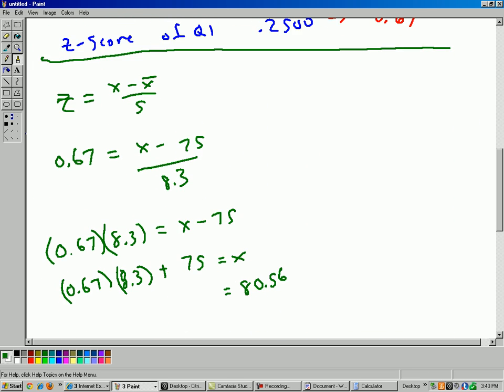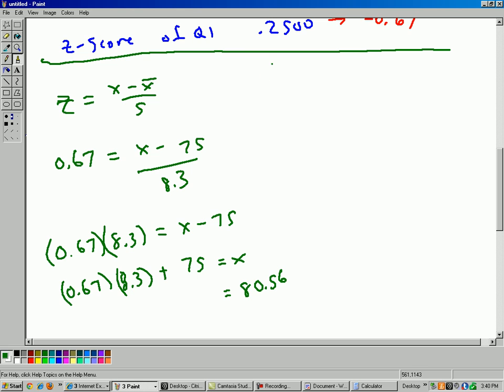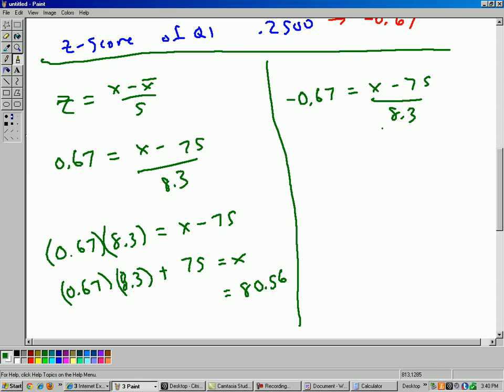Okay, then just repeat that same calculation for negative 0.67. So negative 0.67 equals x minus 75 over 8.3. So times 8.3, so negative 0.67 times 8.3 plus 75. That's going to equal our x again.